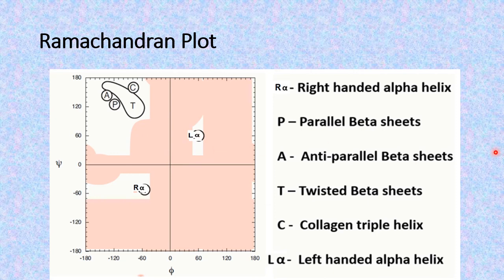So this was all about the Ramachandran plot and the related concepts of the dihedral angle, or what you call the torsion angle, and the steric hindrances that are generated by the side chains.